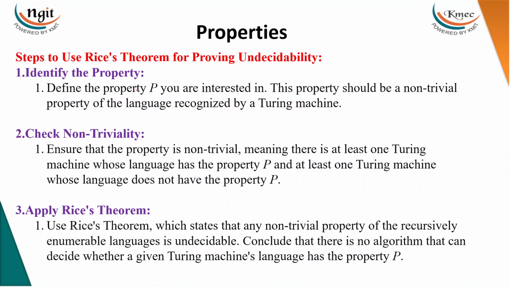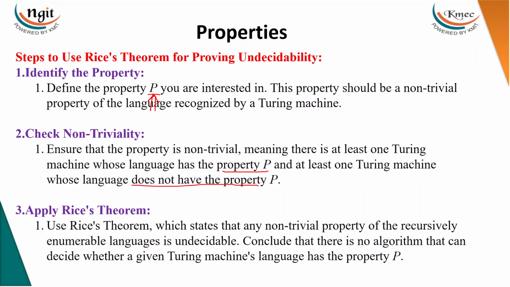First, we have to identify and define a property you are interested in. This should be a non-trivial property of the language recognized by the Turing machine. To check non-triviality, there should be at least one Turing machine whose language has the property P, and at least one Turing machine whose language does not have the property P. You should identify both.